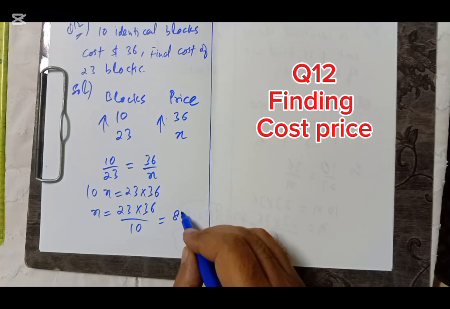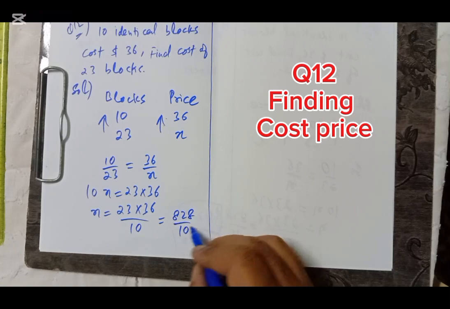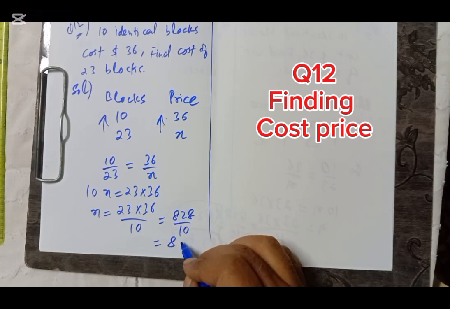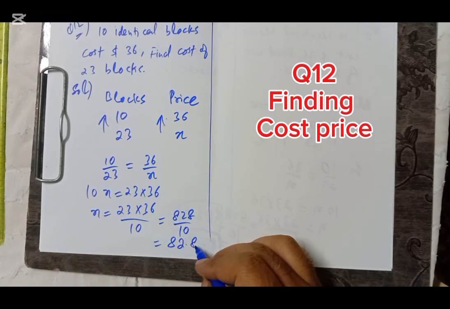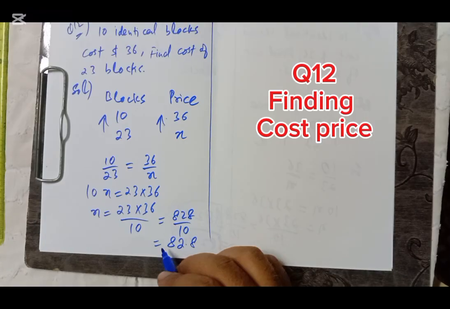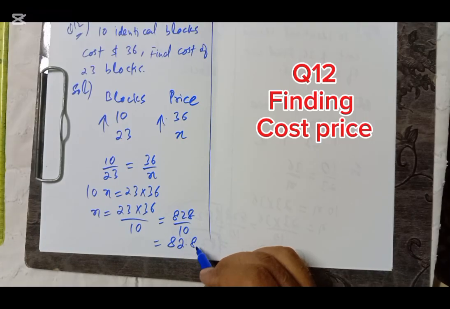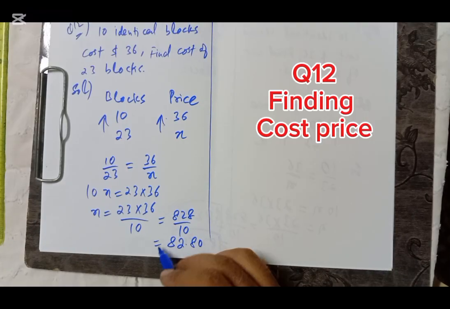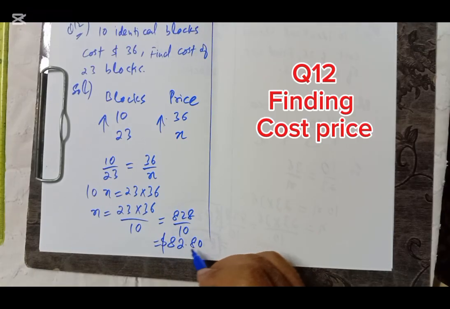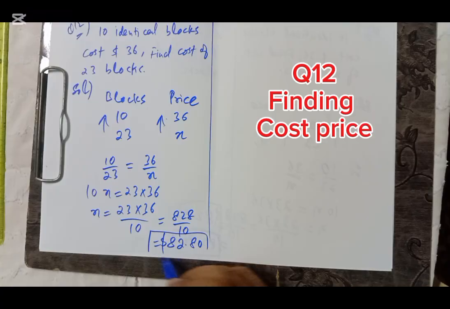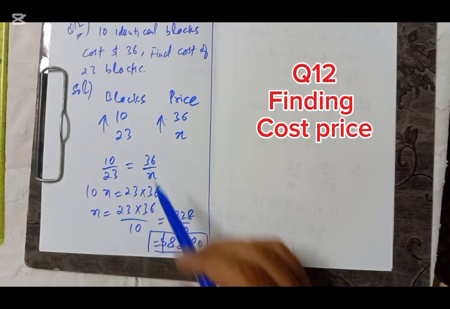This is 828 divided by 10, which gives me 82.8. But 82.8 in terms of price is confusing. I have to put one more 0 to make it $82.80. So this should be the price of 23 blocks.